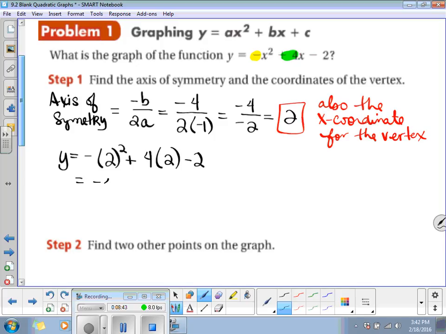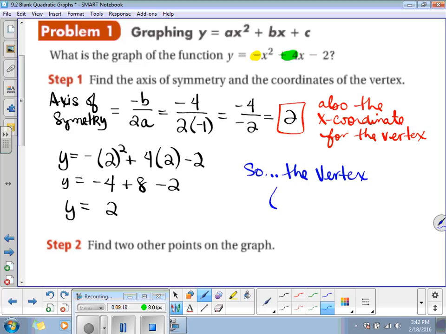So this is going to be equal to a negative 4 plus 8 minus 2. So y is equal to, let's see, negative 4 plus 8 is 4. Minus 2 is 2. So there's my y value for my vertex. Okay? So, the vertex is at what coordinate? 2, 2.